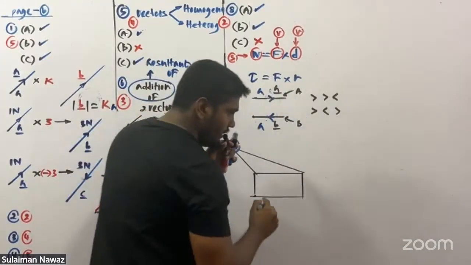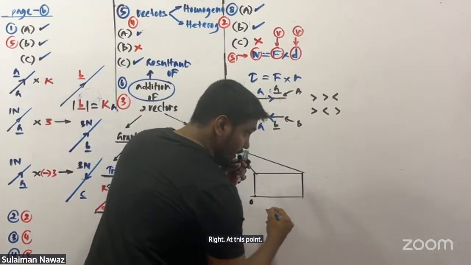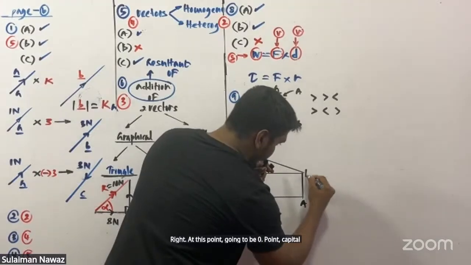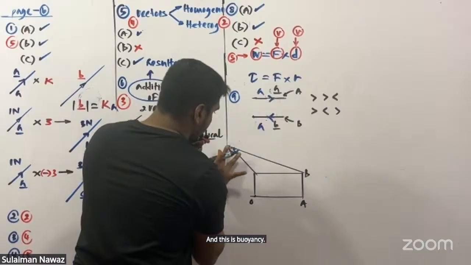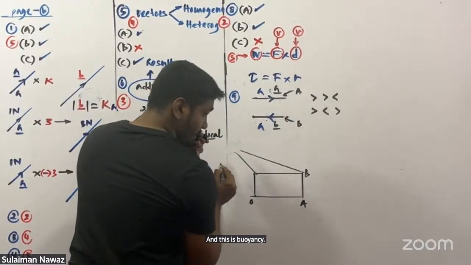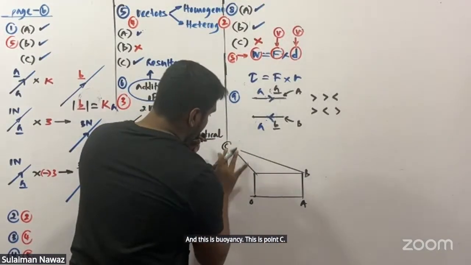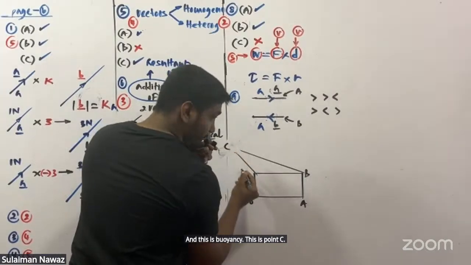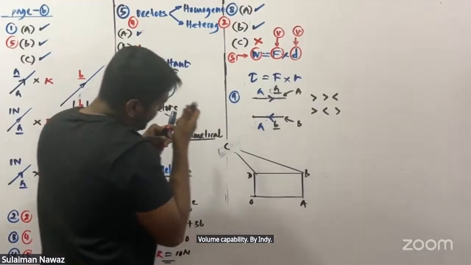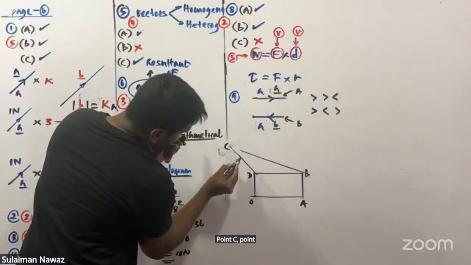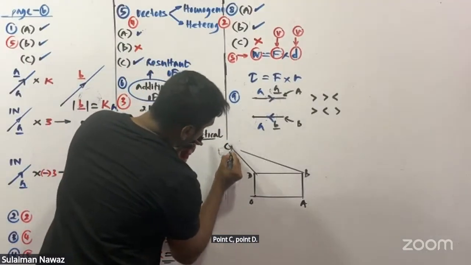This point is going to be point O, point capital A, point B, and this is point C, point D.